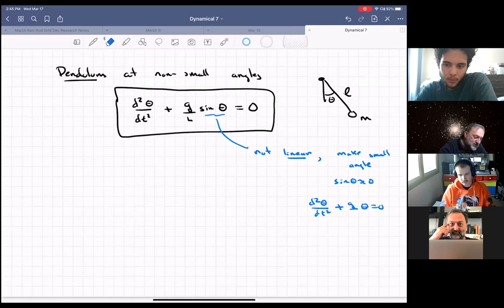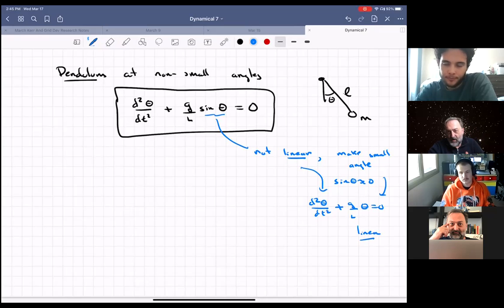So I can get to my linear problem. But if I don't linearize the system and I work with this full nonlinear system, I have a Hamiltonian system. And I can do stuff with it.